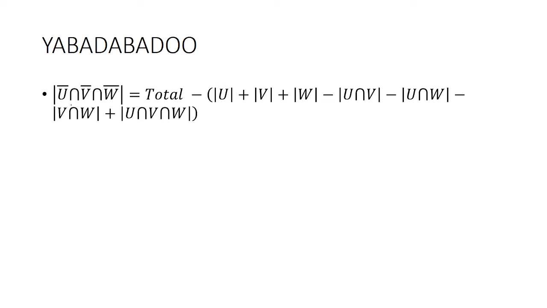Now, this looks very complicated. To simplify what this is, we have to consider the Venn diagrams. So if we have U, V, and W, the complement of U is going to be everything that is not U. Everything that's not U, I'm going to call 1.